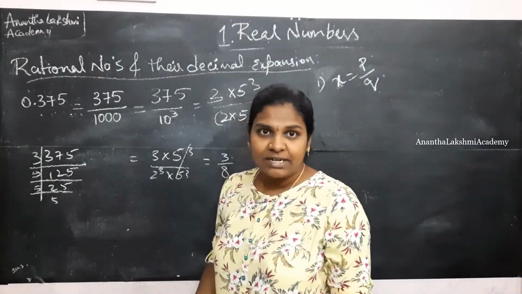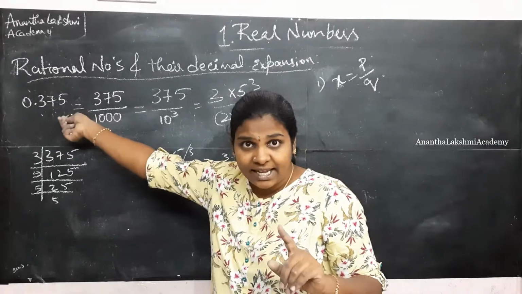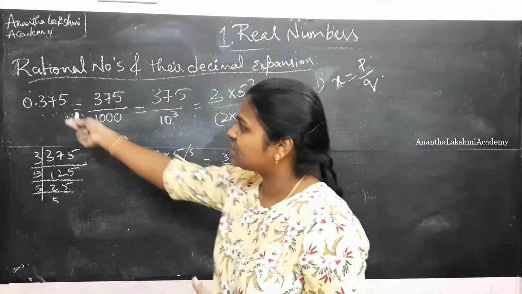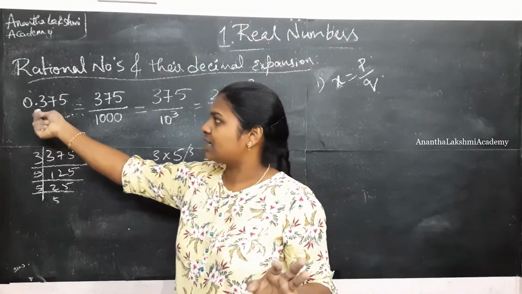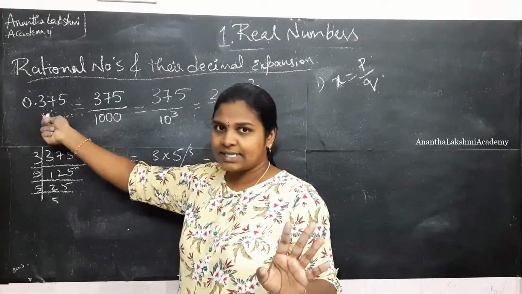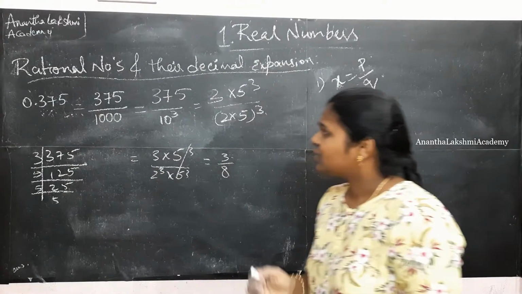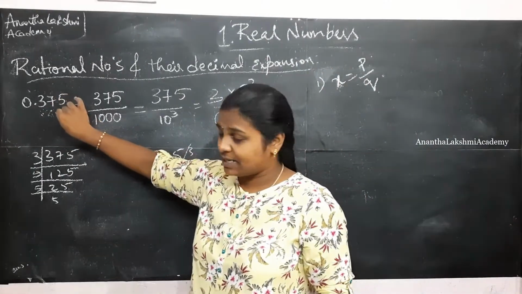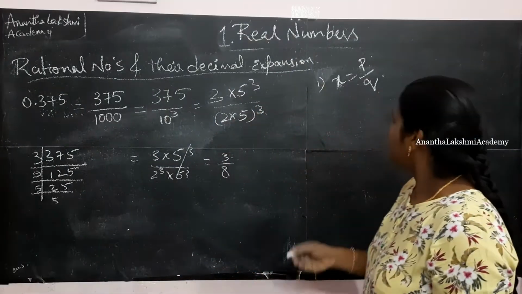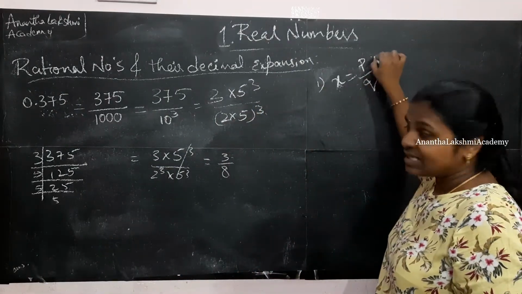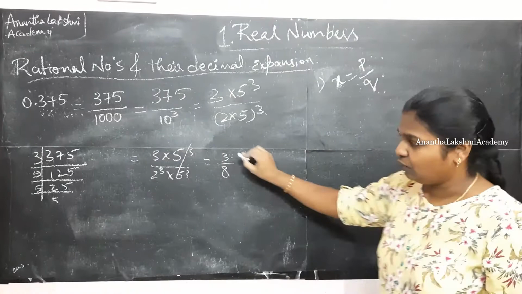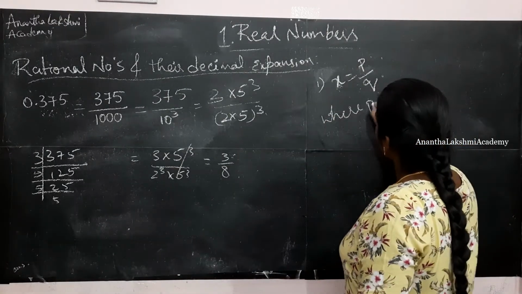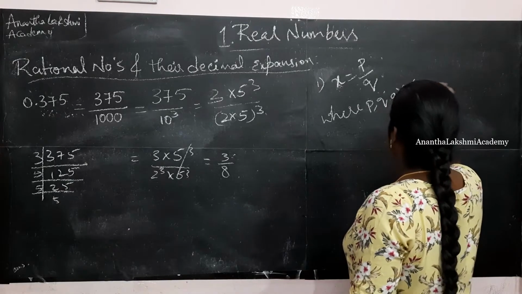That is nothing but this example. Then it can be expressed in the form of p by q, which is 3 by 8, where p and q are co-prime.